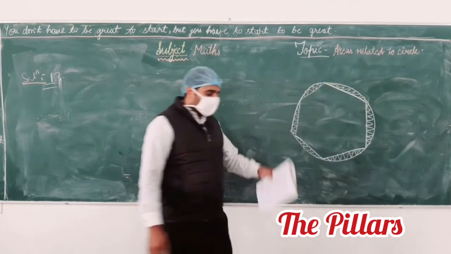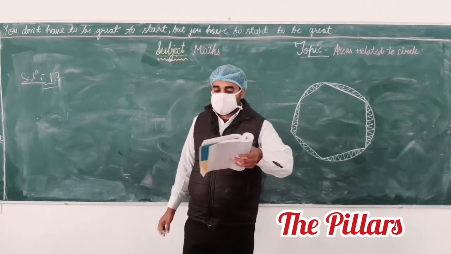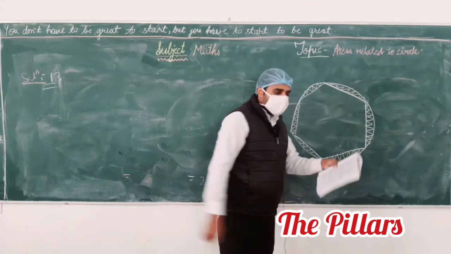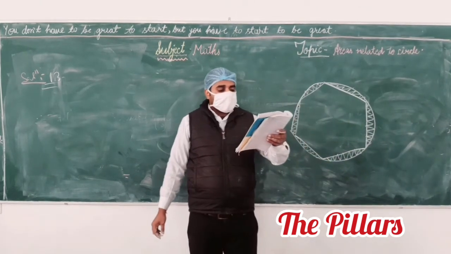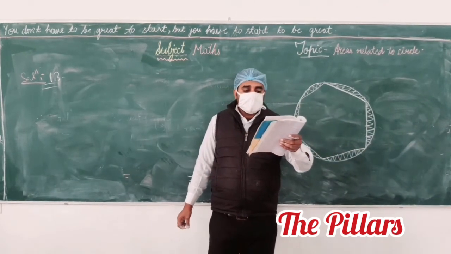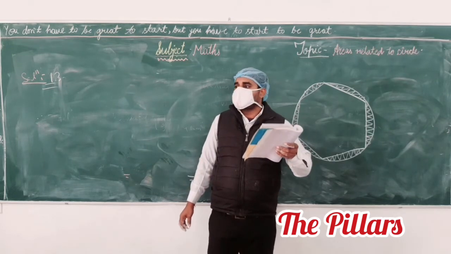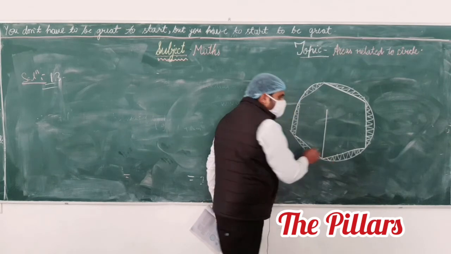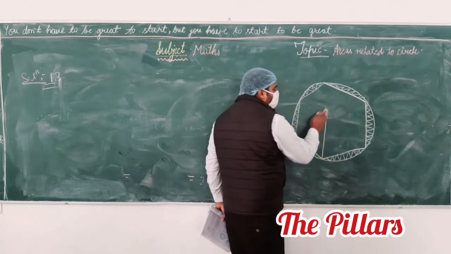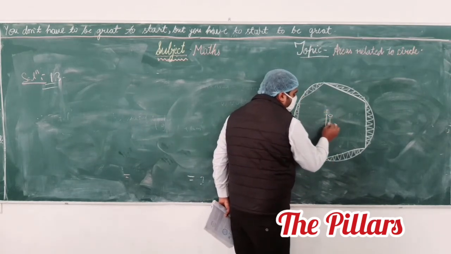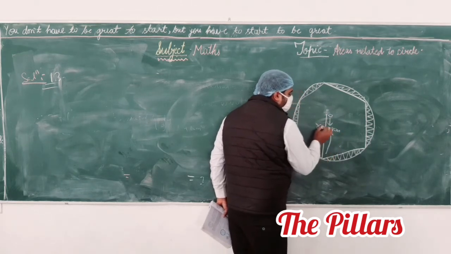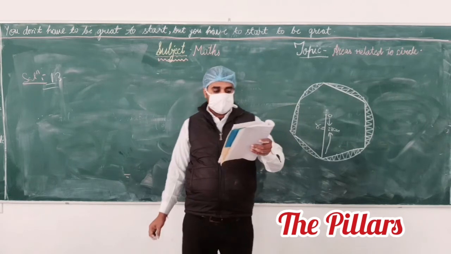The question tells that a round table cover has 6 equal designs. These designs have equal area, and the radius of the cover is 28 centimeter. Suppose this is our center O and this distance is 28 centimeter, so the value of R is 28 centimeter.